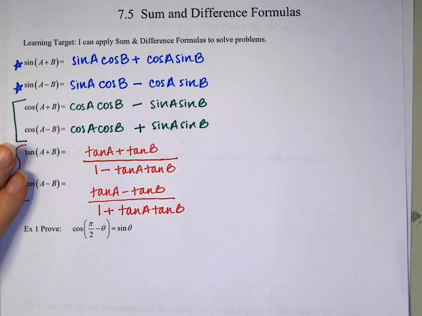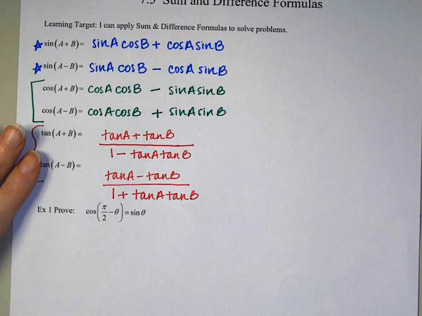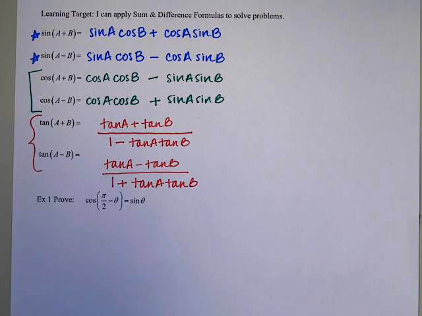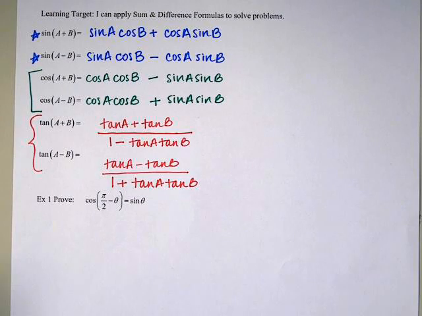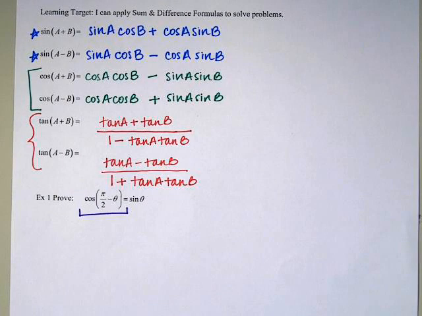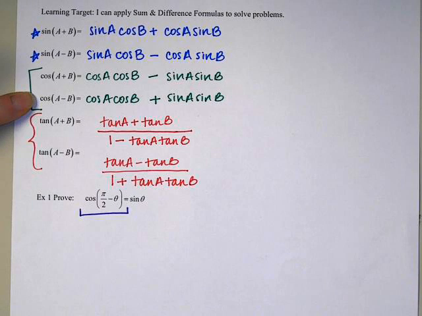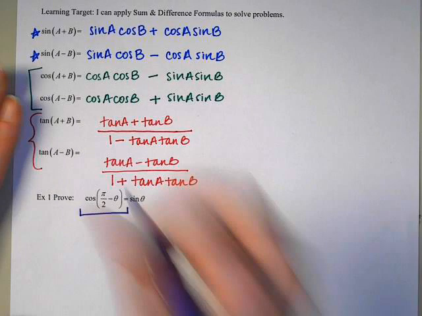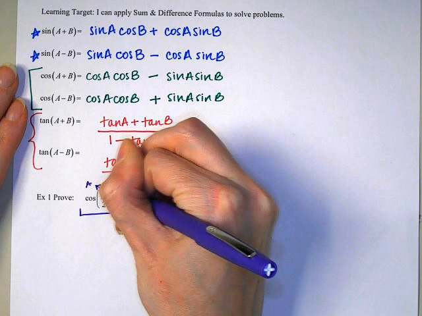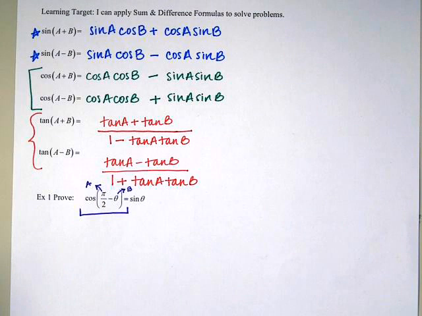Okay, so using our identities, can you establish this identity? So verify this identity. So here we have a cosine difference, right? So we're going to use the cosine difference formula, which is cosine A cosine B plus sine A sine B. And obviously in this problem, the pi over 2 is like the A and the theta is like the B. All right, so we're just going to plug those into our formula.